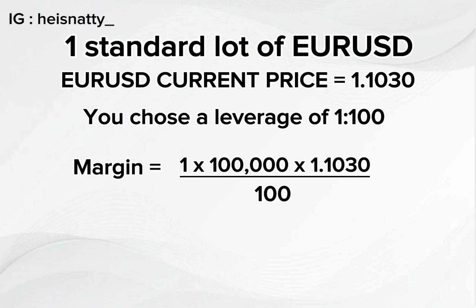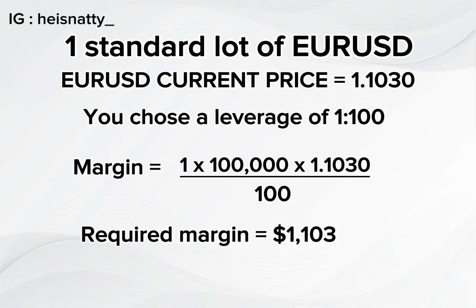So you're saying 1 times 100,000 times 1.1030, which is the current price of the Euro USD at that point, divided by 100, which is your leverage. Remember, the leverage you chose is 1:100. So you are dividing it by 100.